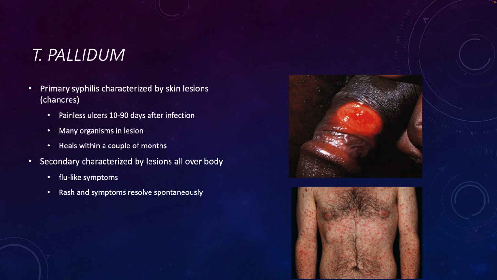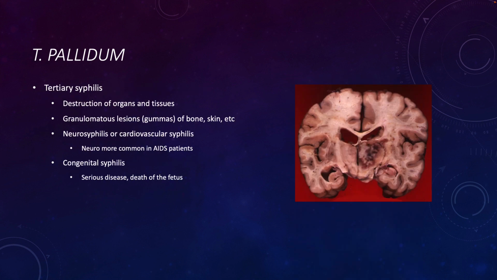But the symptoms and the rash eventually go away, which can lead to the formation of tertiary syphilis. Now the bacterium have gotten into various organs and tissues. They form granulomatous lesions of the bone and skin. And remember, the bone lesions caused by the subspecies that causes syphilis are different from the bone lesions formed by the other bacteria.